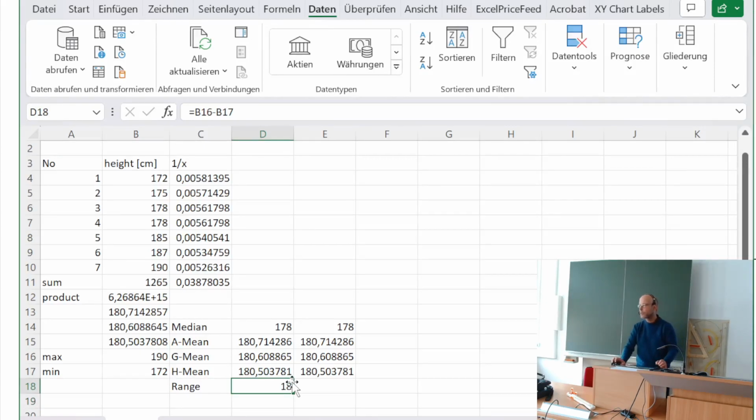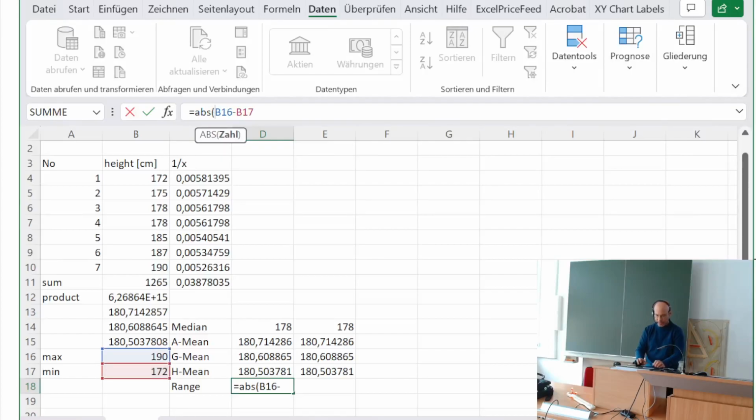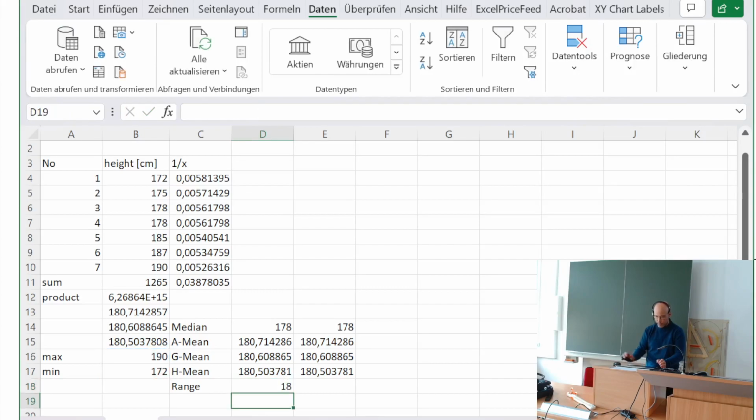And what we should also keep in mind is that you could have data points which have negative numbers. For this, we should also take the absolute value of this number. This is, of course, also 18, but if it's negative, then you would just take the absolute value, so you would always have a plus sign. And this is also how you mostly do it.